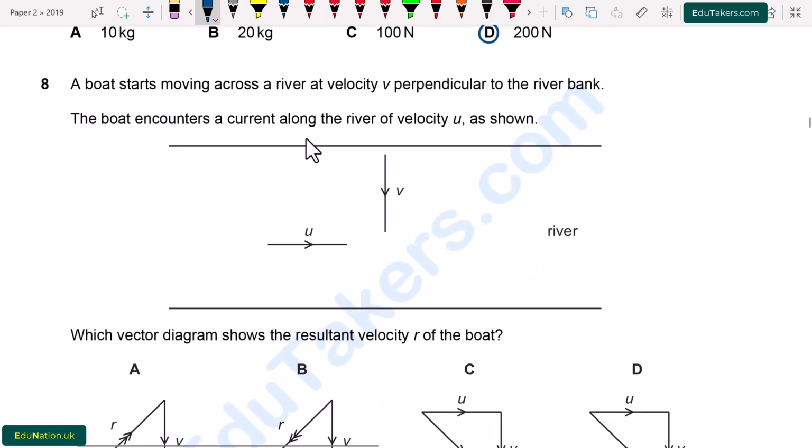Question number 8. A boat starts moving across a river at a velocity v perpendicular to the river bank. The boat encounters a current along the river of velocity u as shown. Which diagram shows the resultant velocity r of the boat?